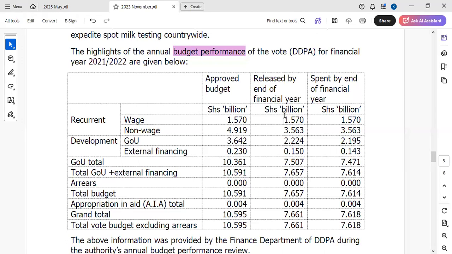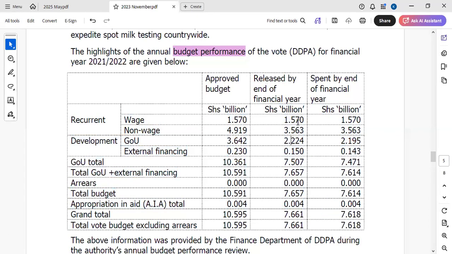What you actually receive, what the accountant general allocates to your accounting officer, may not be the total of what was approved. That really happens. Okay? So out of what was approved, they released these amounts of money.